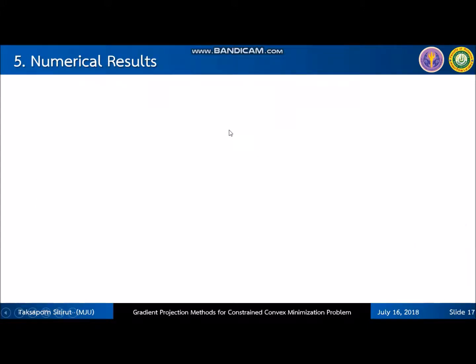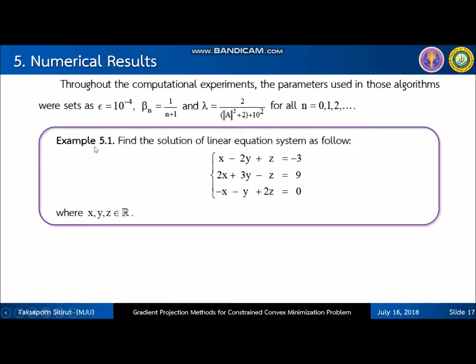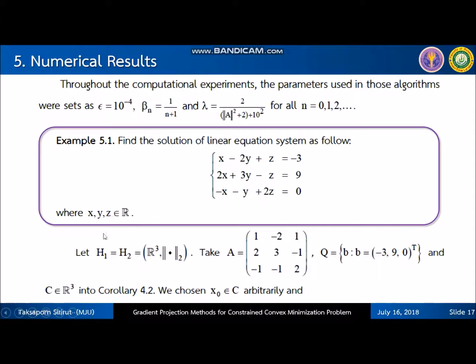Next is the numerical result. We will set the parameters the same as this. Example: find the solution of the linear equation system as follows, where x, y, and z are in R. Let H1, H2 be R3.